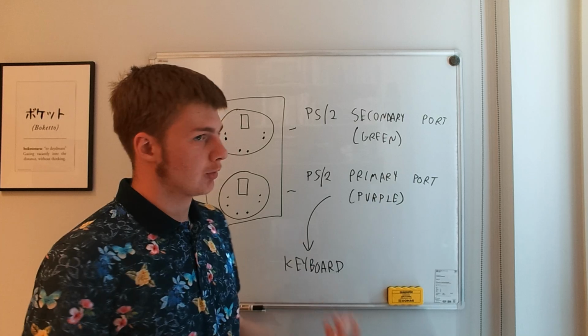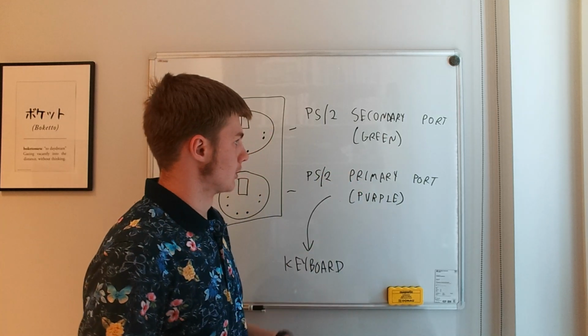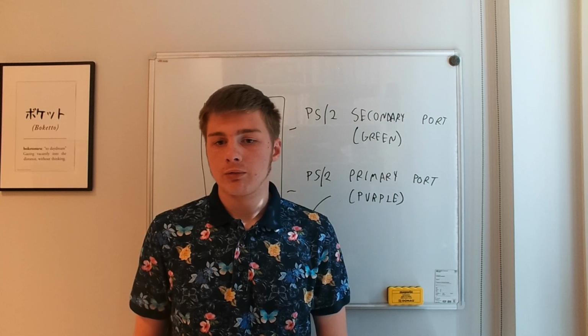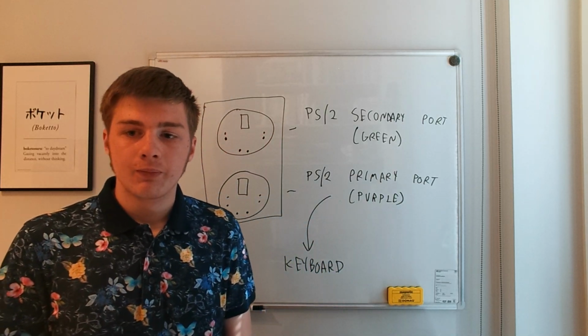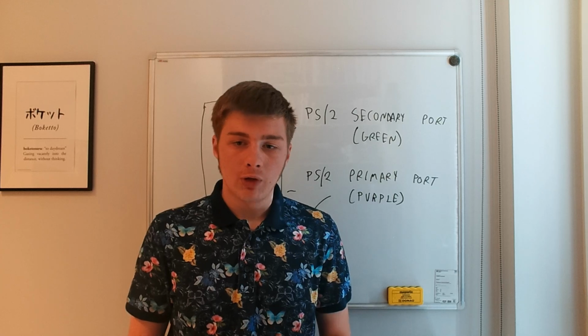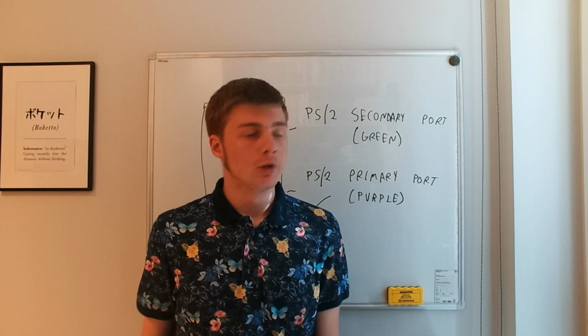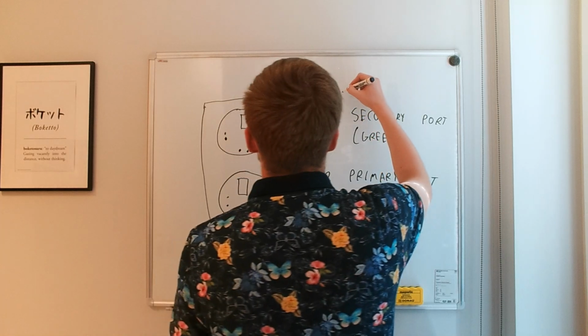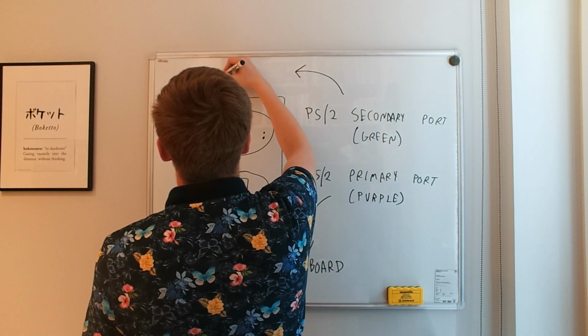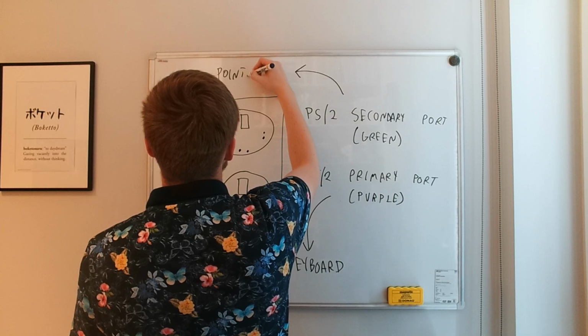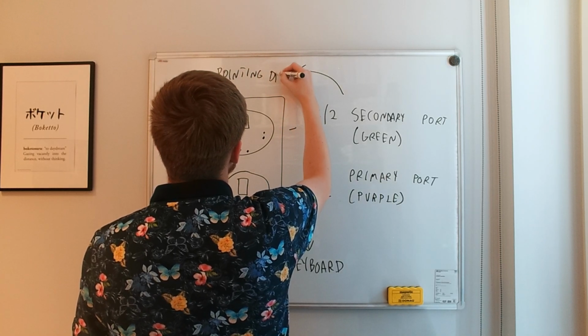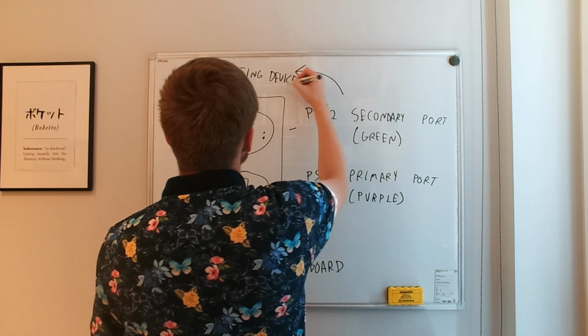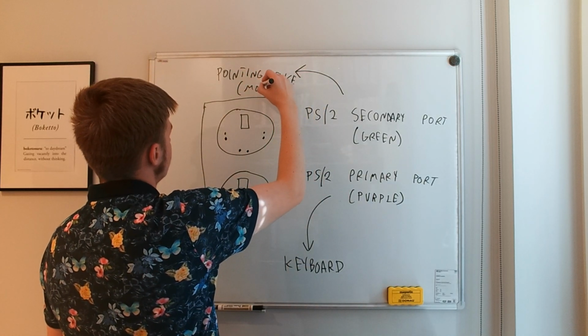So you don't have a guarantee that it is a mouse. However, you can very safely still assume that it is some sort of pointing device. And again, this usually will be a mouse.